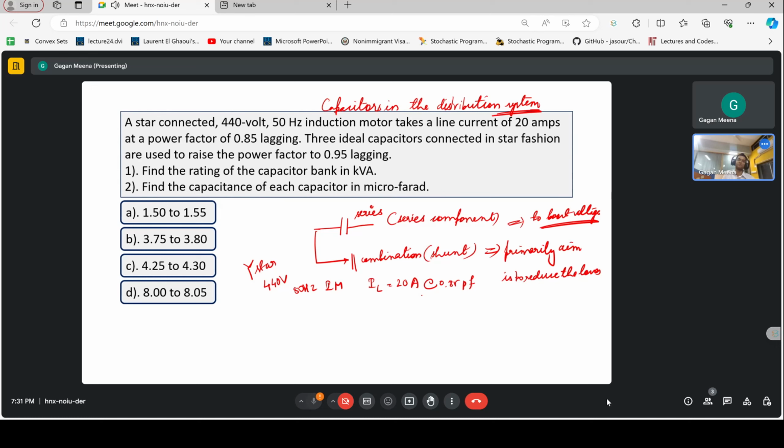You can see the capacitor is providing reactive power. So if this was the power angle triangle before, P is the same, this is Q, and after adding the capacitor it becomes this. This is the QC.